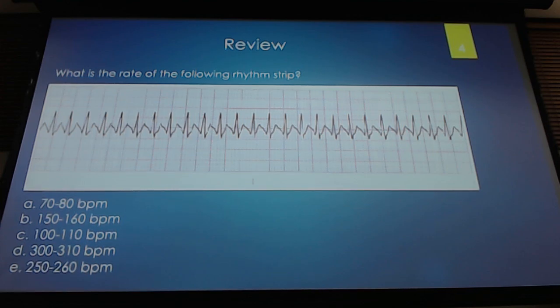Keen, tell me what is the rate that you're seeing on this rhythm strip? Okay, and how did you get that? You counted all the things. Okay, good. Can we use the counting method on this?